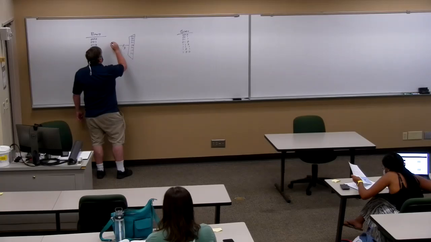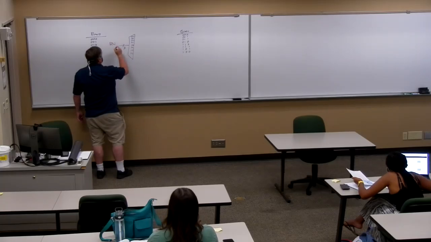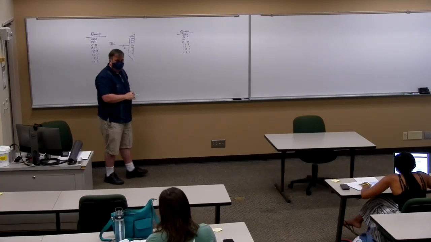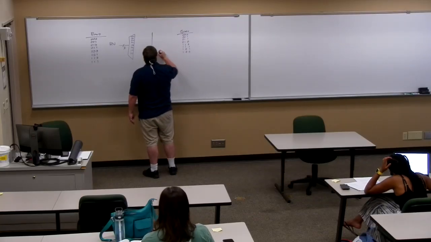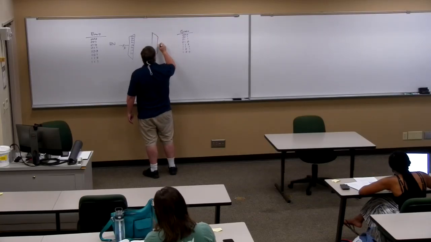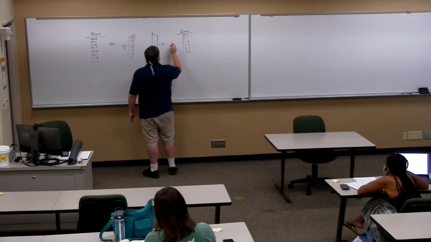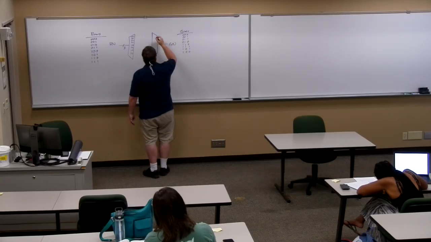So you have your binary number coming in, which is 3 bits. And you're going to have a priority encoder over here, which is going to give you your gray code number, and it'll be in 3 bits.